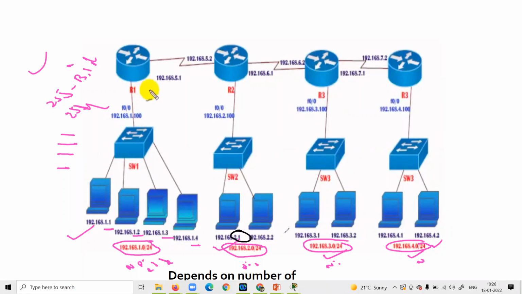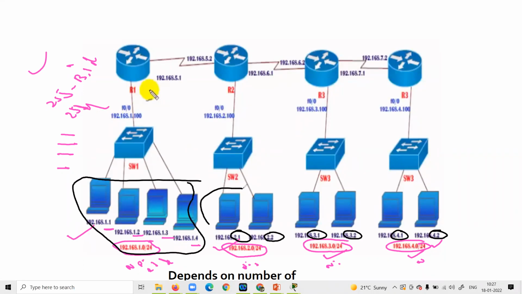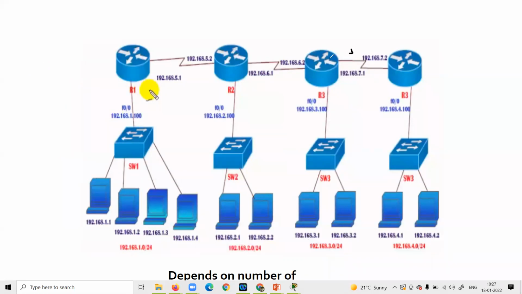See, this is 2.1, 2.2, 3.1, 3.2, 4.1, 4.2. When I ask an 8 mark question, create a small network. Please understand.